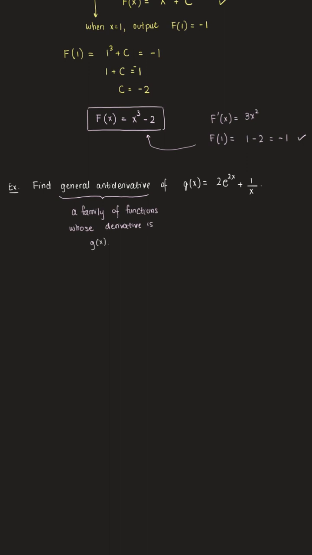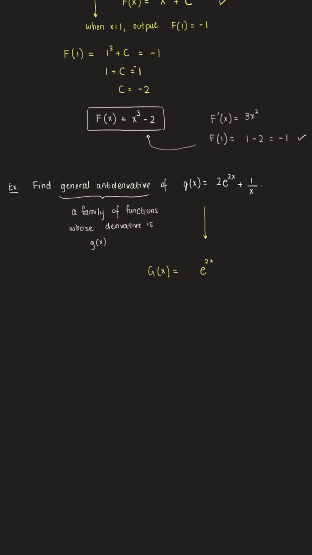And right now, we don't have any rules to do this. We just need to think about undoing our differentiation rules. So let's think about this. For the first part, we would like a function whose derivative is 2e to the 2x. If I start with e to the 2x, we know the derivative of e to the x is itself.